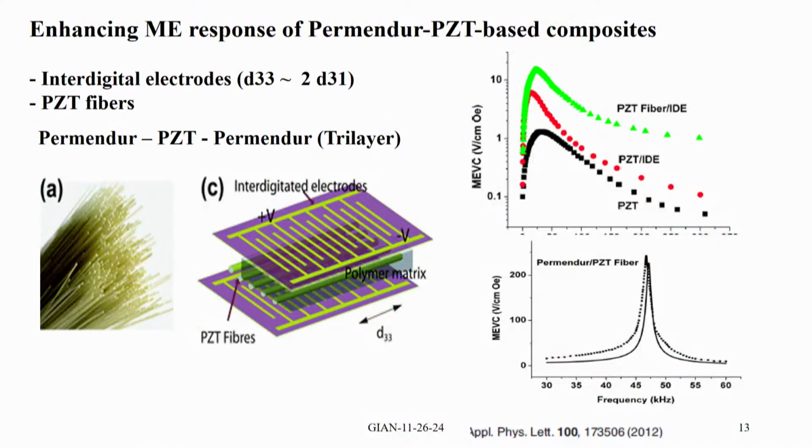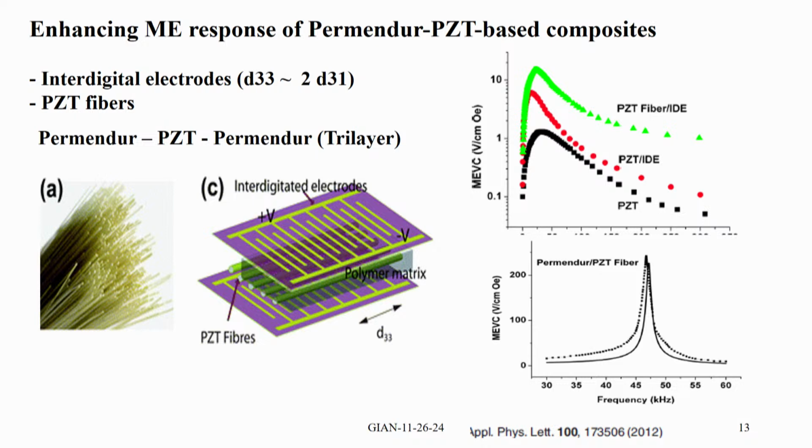The interdigital electrodes are placed in such a way that you have the electric field along the axis of the fiber, and they are poled in that direction. Then when you do the magnetoelectric measurements, D33 is the one that contributes the voltage coefficient, and then you can buy the fibers with between the two interdigital electrodes. Then you can make a composite with anything of your choice.